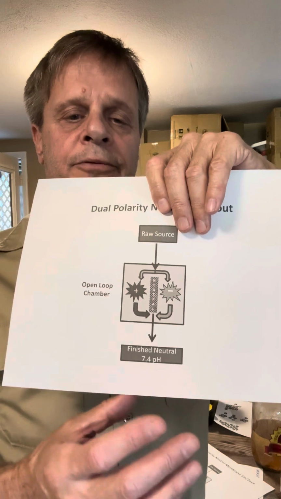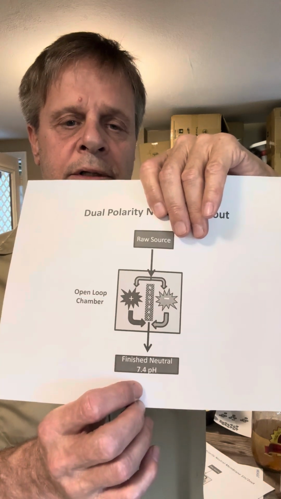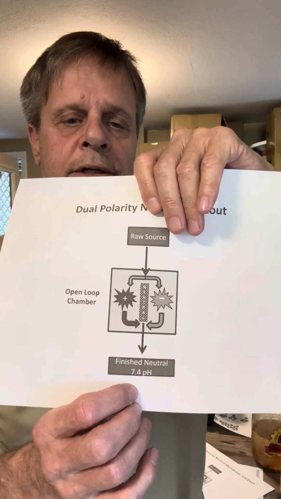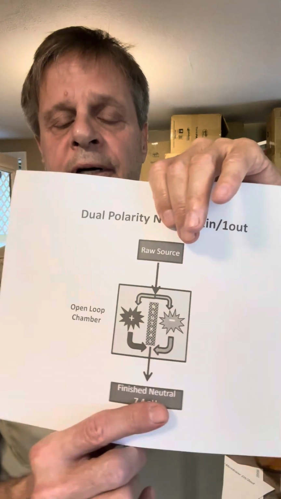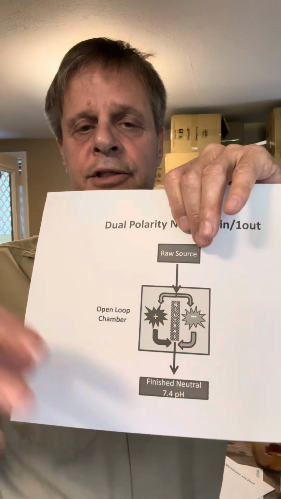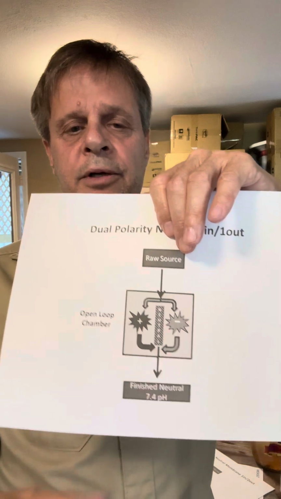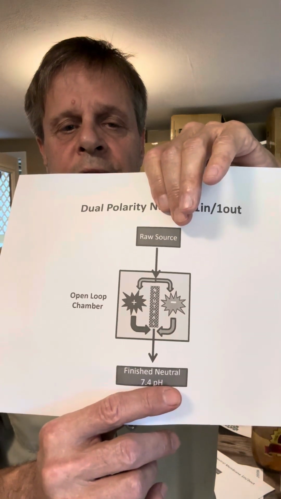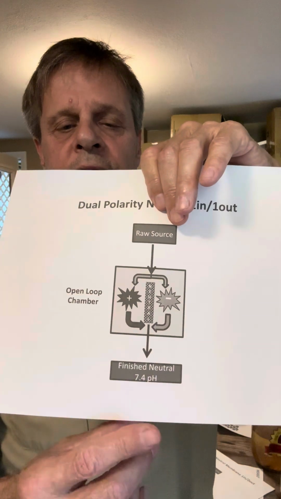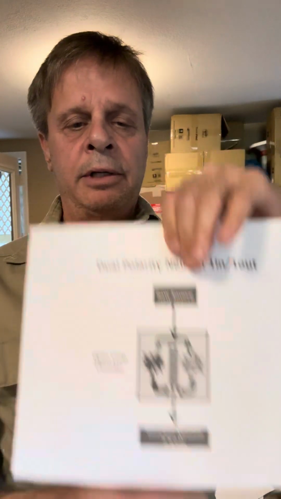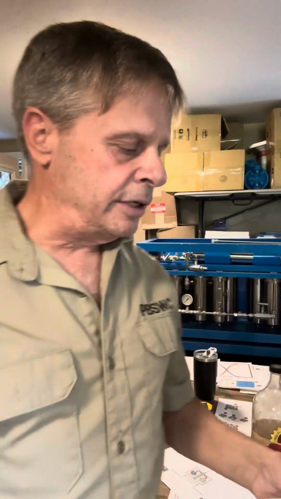If you're using it for consumption, you're going to have a negative dominant charge on it so that it's in the alkaline range. If you're making hypochlorous acid, you're going to put a positive dominant charge on it to bring the pH down. We can make hypochlorous acid with this just as easily as with a single polarity. The difference is, if we make it with this, it'll be a lot more stable. But we won't get into that because that's not what we're talking about.